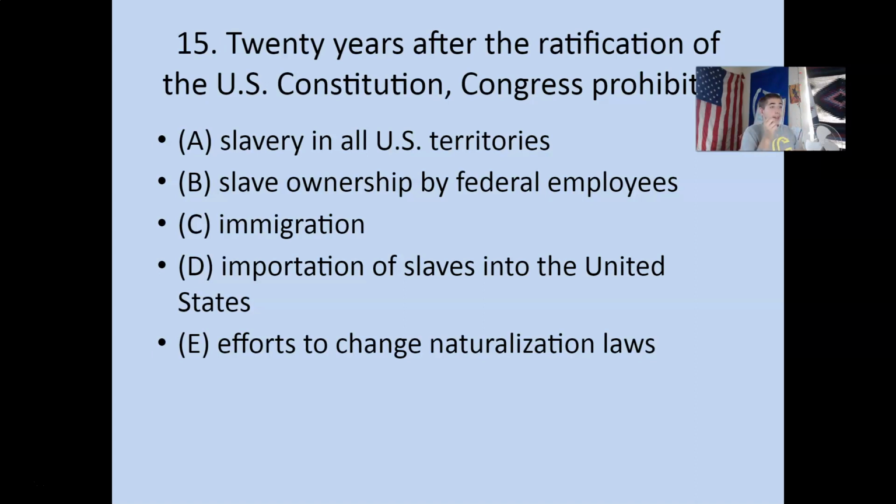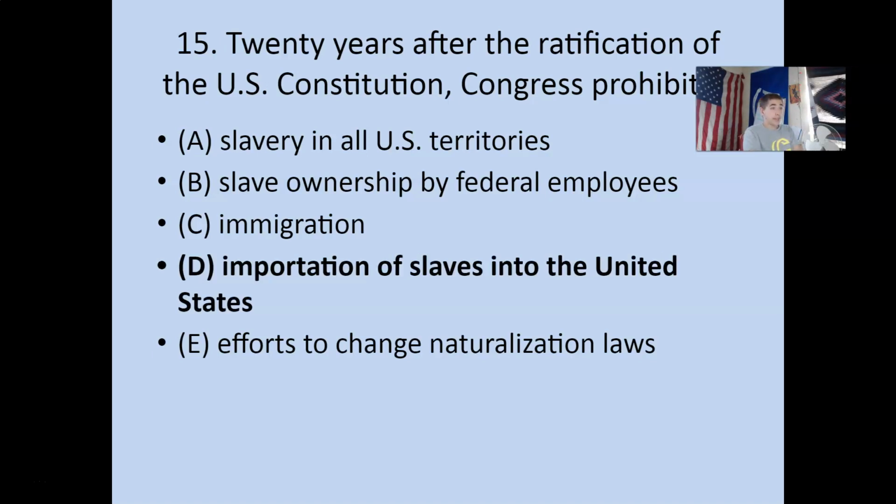D. Importation of slaves into the United States. Or E. Efforts to change naturalization laws. The correct answer is importation of slaves into the United States.